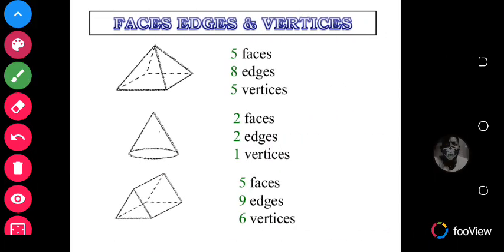So faces, edges, and vertices. Every 3D figure, or every solid figure, has faces, edges, and vertices. Let's look at what a face is. A face of this triangle is this part.